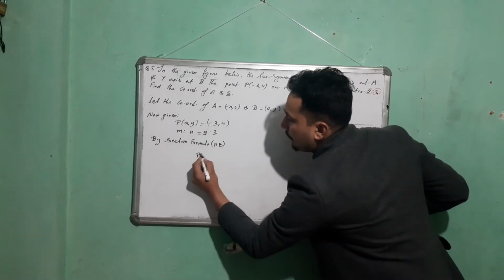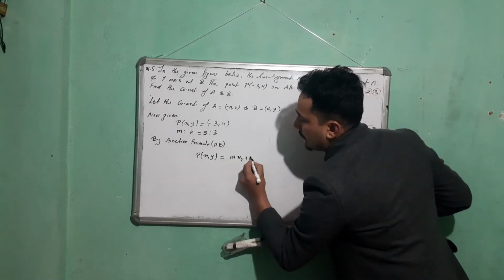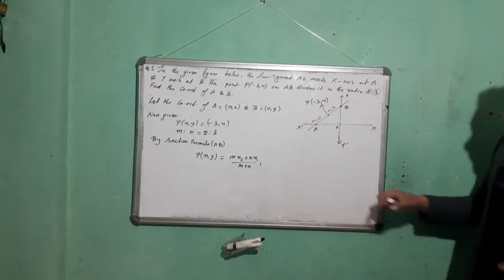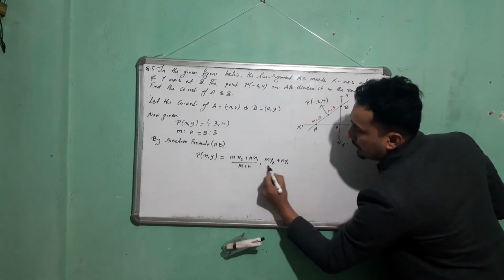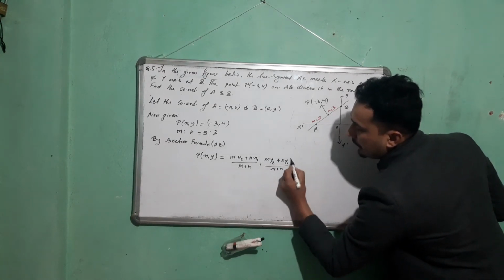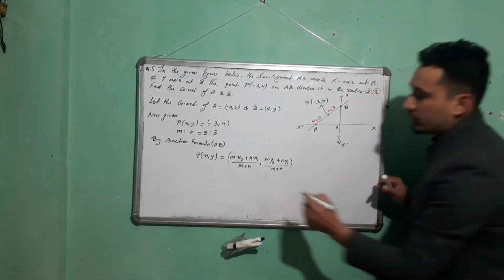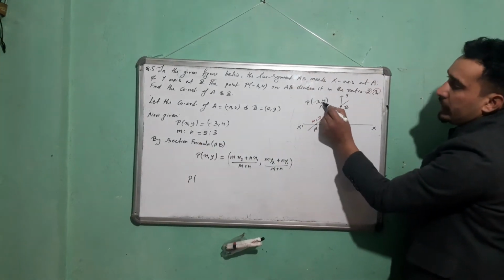So P x comma y is equal to m x2 plus n x1 divided by m plus n, comma m y2 plus n y1 divided by m plus n. This is the formula that I gave you earlier. In place of x comma y for P, we have minus 3 comma 4.